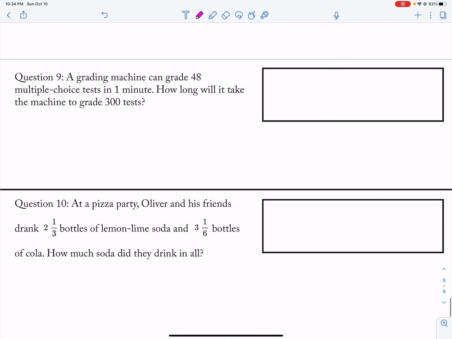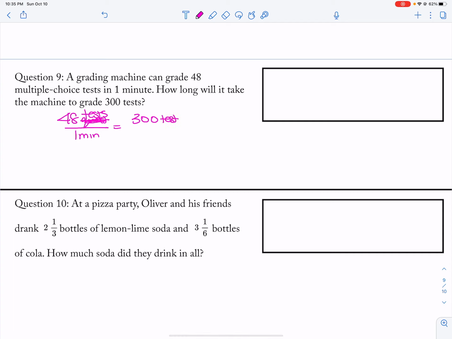Question 9. A grading machine grades 48 questions per minute. So 300 tests, to grade 300 tests. Oh, 48. No, not questions. Haha, tests. I was like, what in the world?